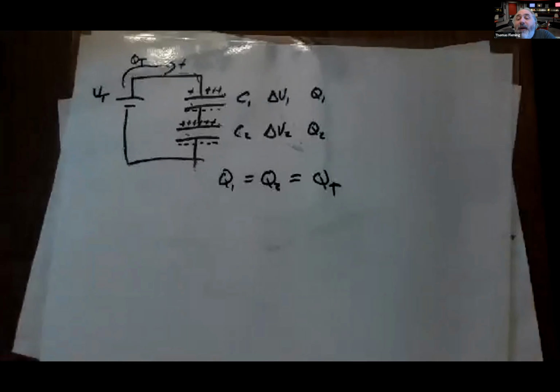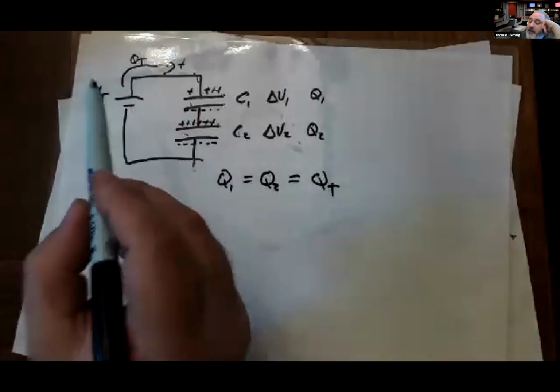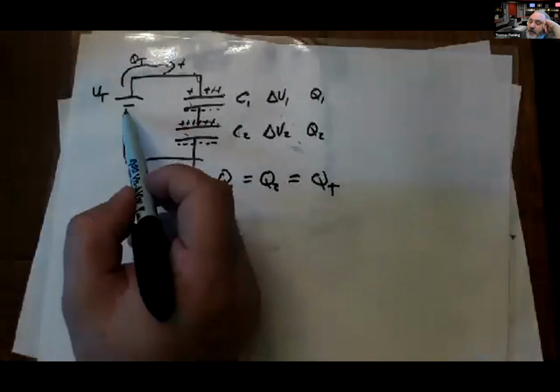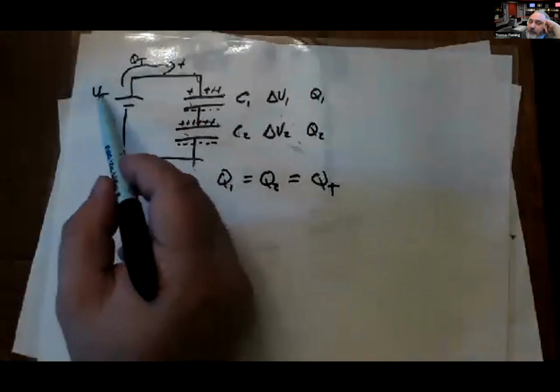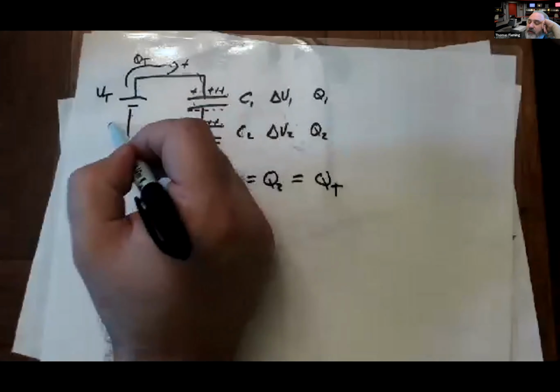Now, what about the electric potential? Well, I know that because the EMF is doing its job, the potential difference from here to here has to be some number, whatever V total is. So just for conversation's sake, let's assume that V total is 10 volts. So from here to here is 10 volts. So maybe this is 0 volts.